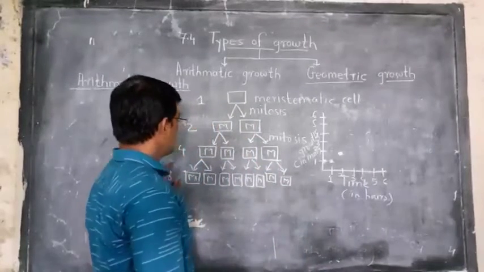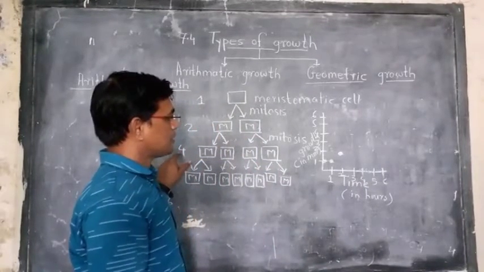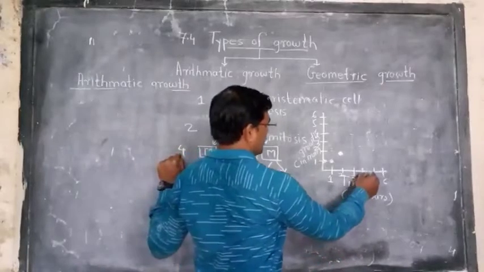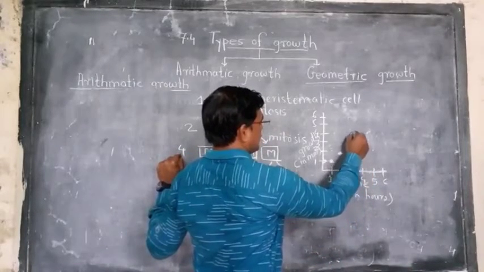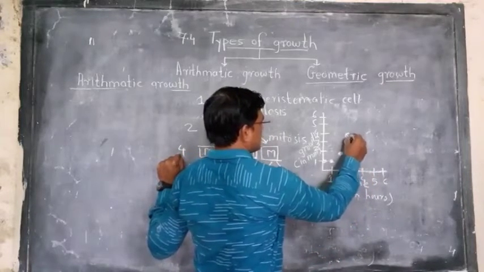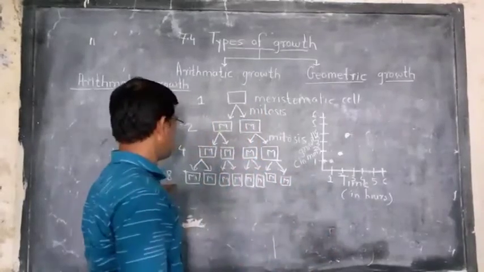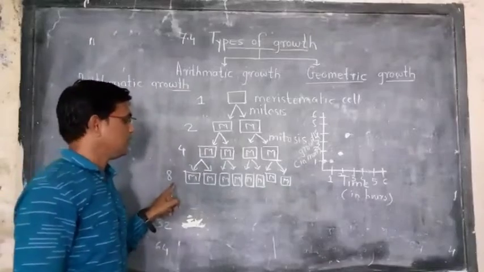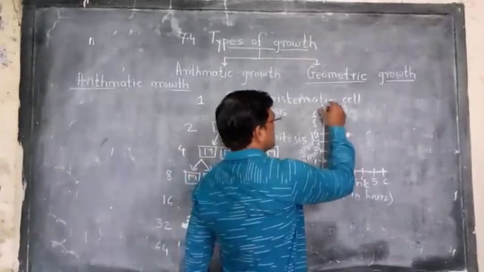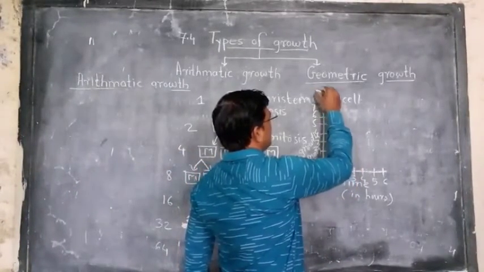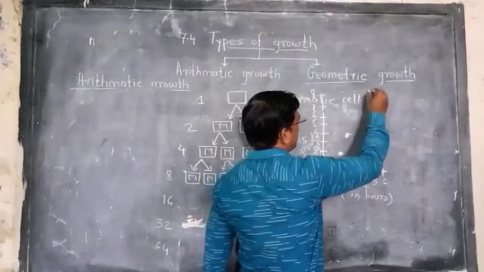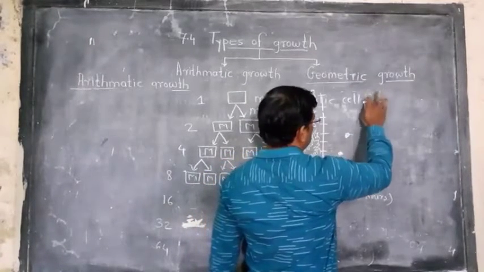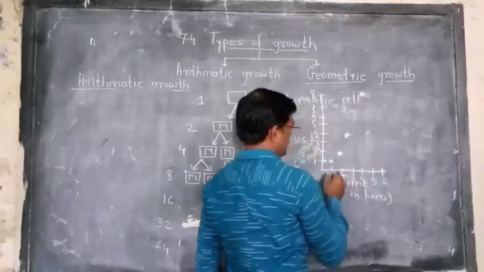After 3 hours, how many cells are there? 4. After 3 hours the cells are 4, and after 4 hours the cells will be 8.